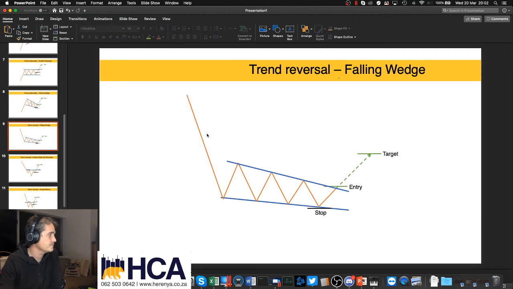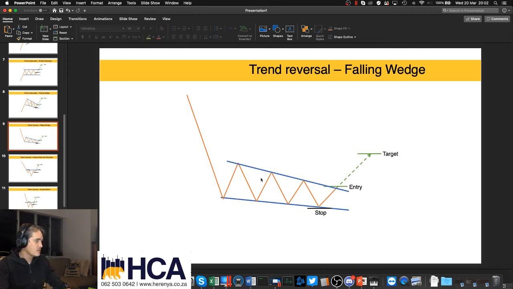Okay. Then we have trend reversal patterns, and we're going to start with the falling wedge. So once again, what is important here is we would like to see a build up of volume during this. This is basically an accumulation pattern.